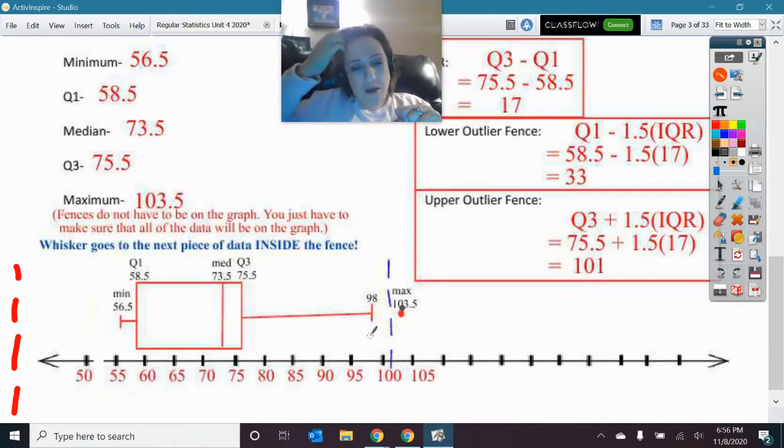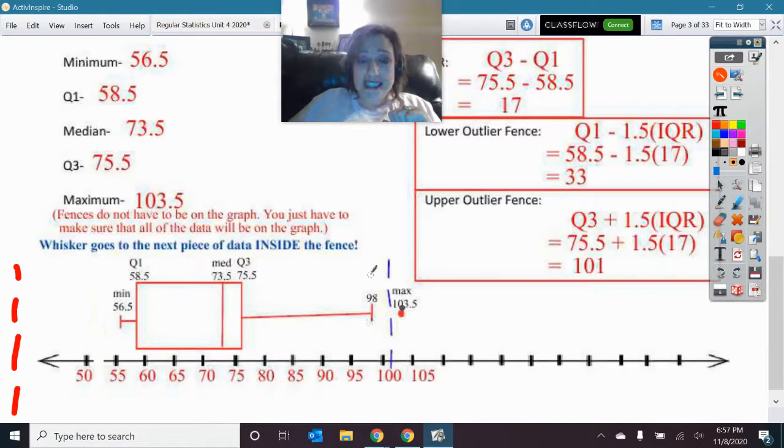All right, scale, box, fences, whiskers, label. So here I labeled. The min is 56.5, Q1 is 58.5, median 73.5, Q3 75.5. Look at this 98.